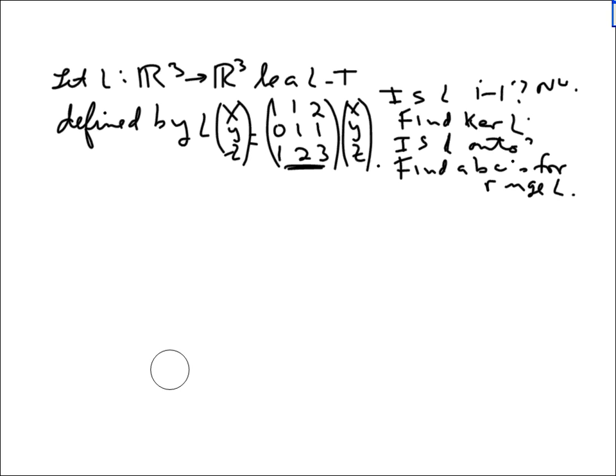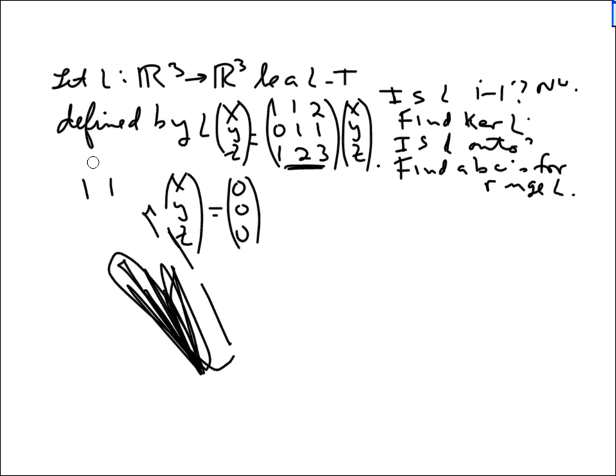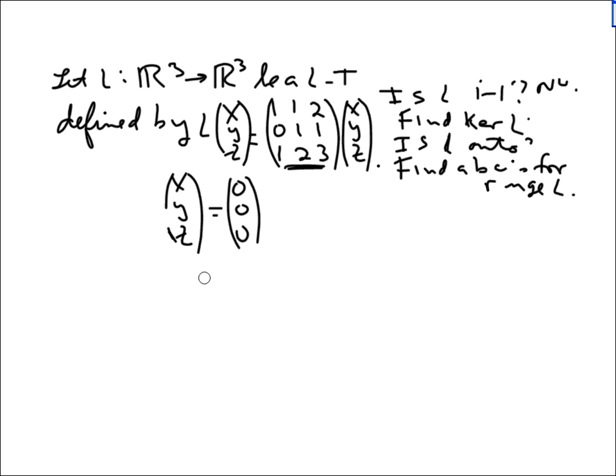I want to know when the matrix 1, 1, 2, 0, 1, 1, 1, 2, 3 times xyz gives me the zero vector.